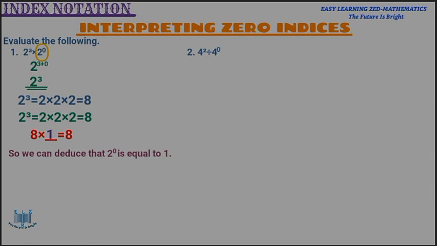The law of division of powers states that when you are dividing powers with the same base, you write the same base and subtract the indices or exponents.